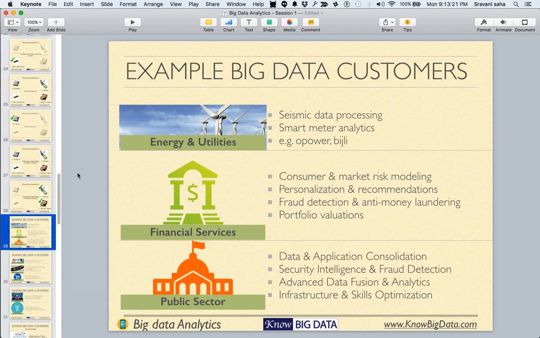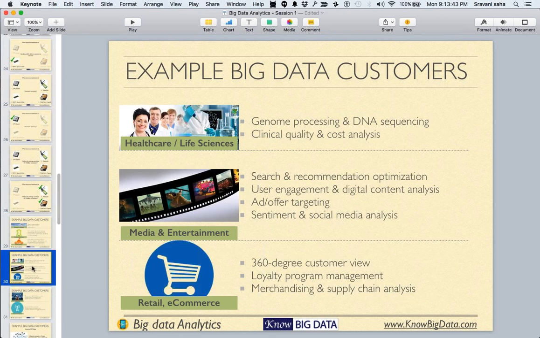Similarly, in case of public sector, data and application consolidation is another thing, because you require a place where they can store application and data. System intelligence and fraud detection, advanced data fusion and analytics, infrastructure and skills optimization. Those are in the public domain.